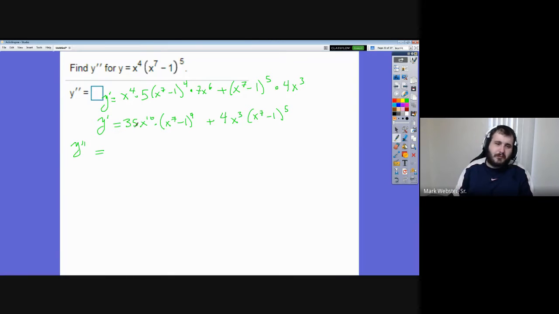Let's do it again. The second verse, same as the first. Y double prime. So left d right plus right d left. Times x to the 7th minus 1 to the 4th. So bring down that 4. And then rewrite x to the 7th minus 1 to the 3rd times derivative of the inside.